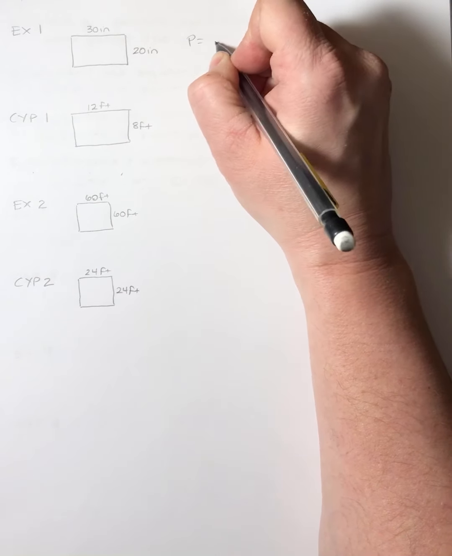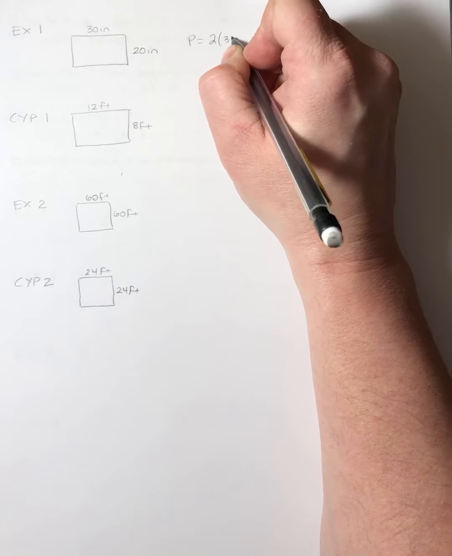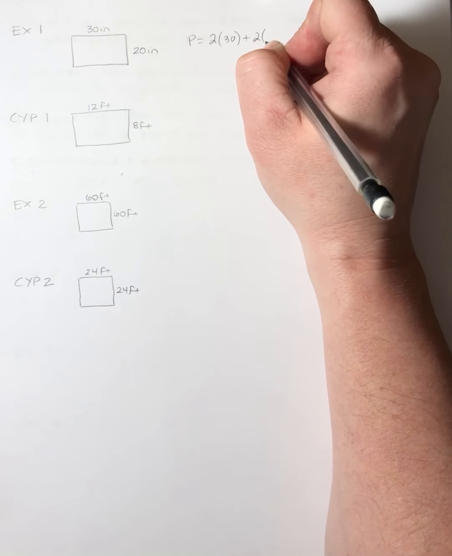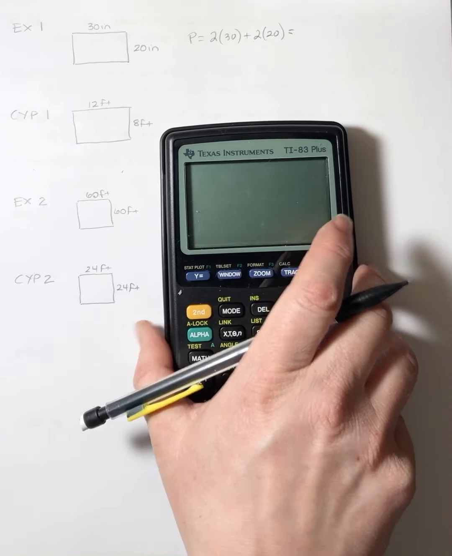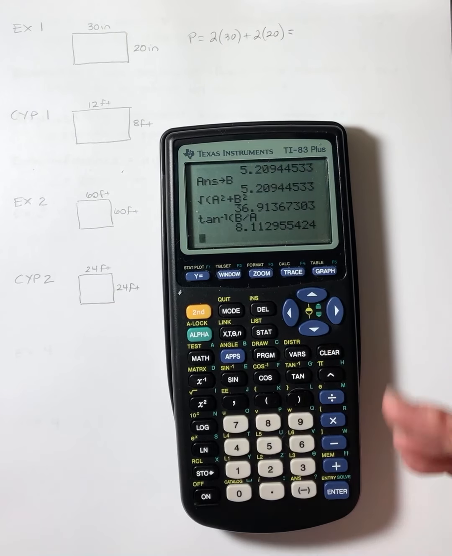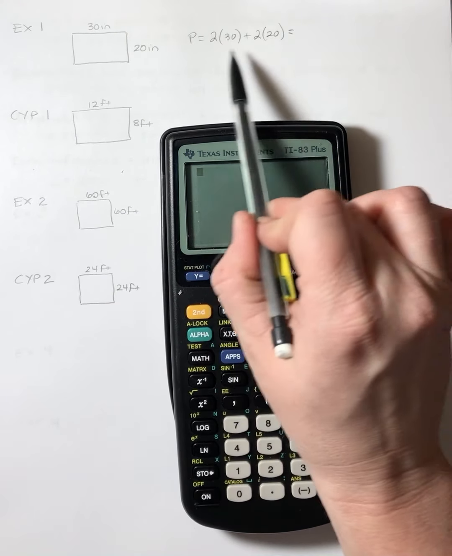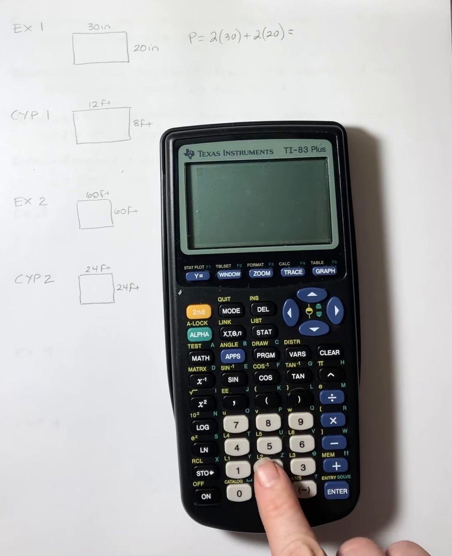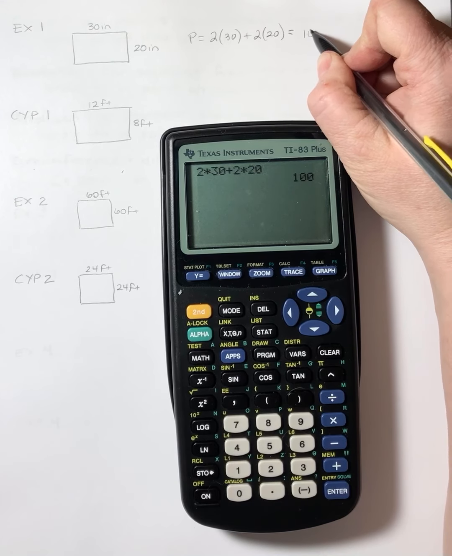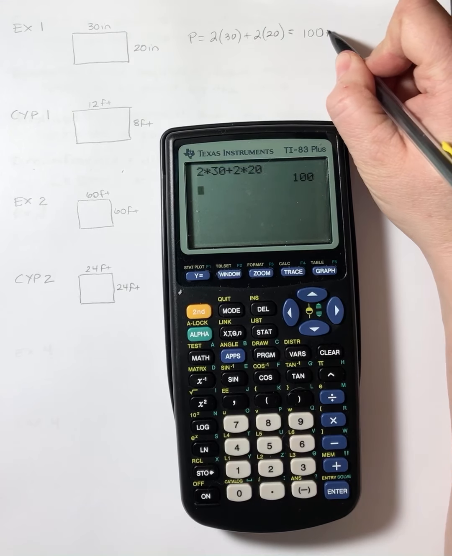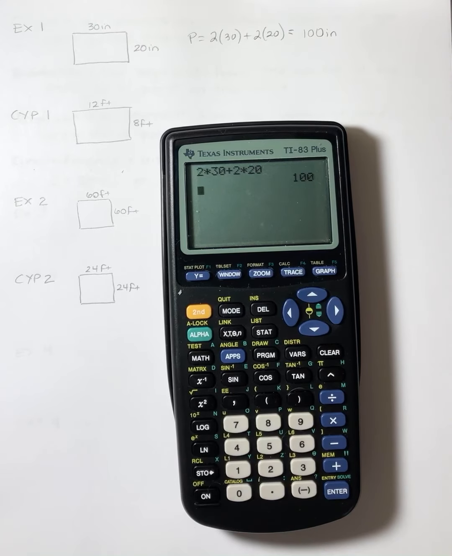So the perimeter of the rectangle is 2 lengths plus 2 widths. Whether you can do this in your head or you use a calculator, I wrote parentheses to show multiplication, but I can just do 2 times 30 plus 2 times 20. And I get 100. And these are in inches, so my perimeter is in inches, because perimeter is, again, measuring length.